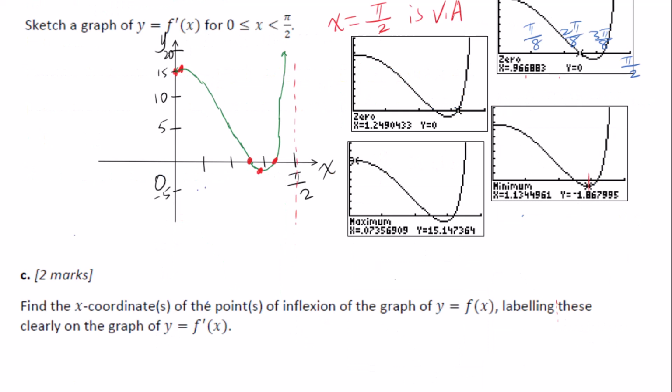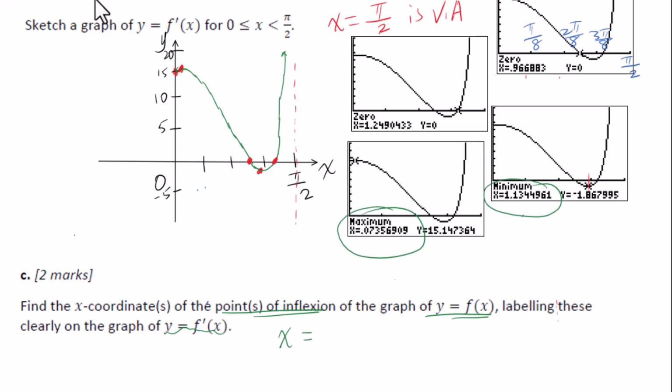Let's go to C. Find the x-intercepts of the points of inflection of the graph of y equals f of x, labeling this clearly on the graph of y equals f prime of x. The maximum and minimum of y equals f prime of x are the points of inflection of the graph y equals f of x.